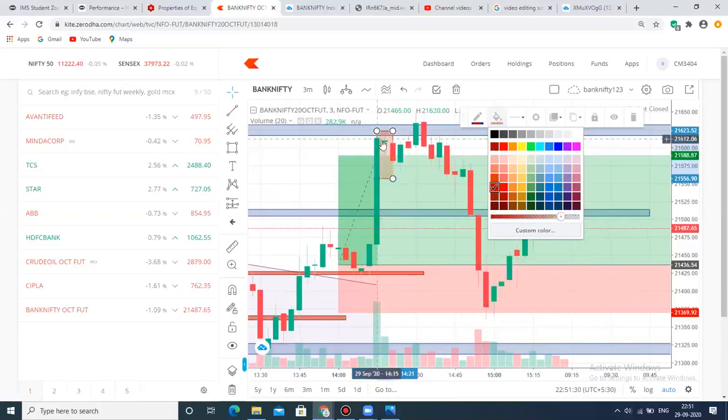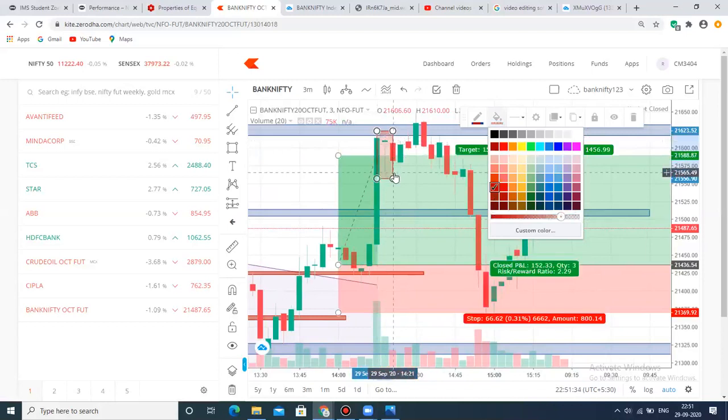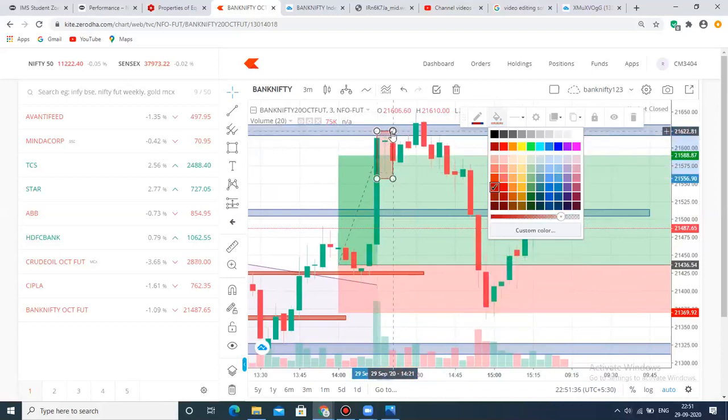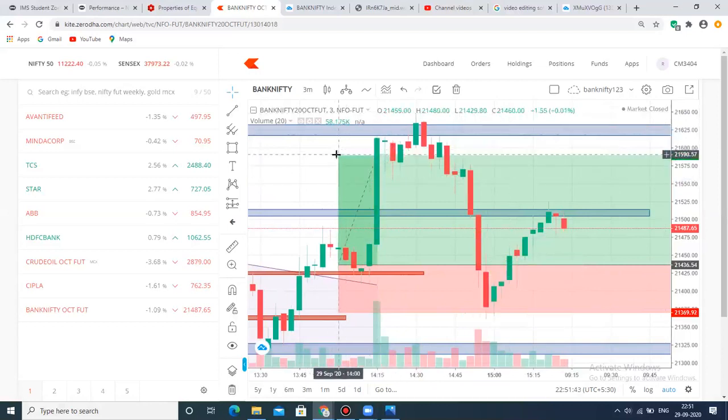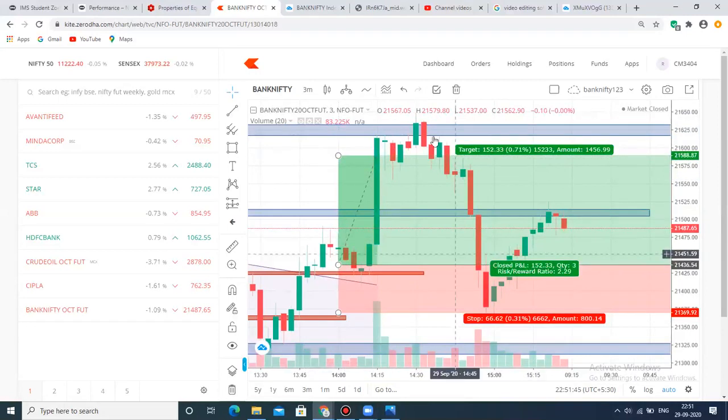Because the sellers have tried to push the price down a lot, which means sellers are becoming more and more active. That is exactly why I took an exit with 150 points, and I did not let the trade run even more. So this was the first trade that I took on Bank Nifty.